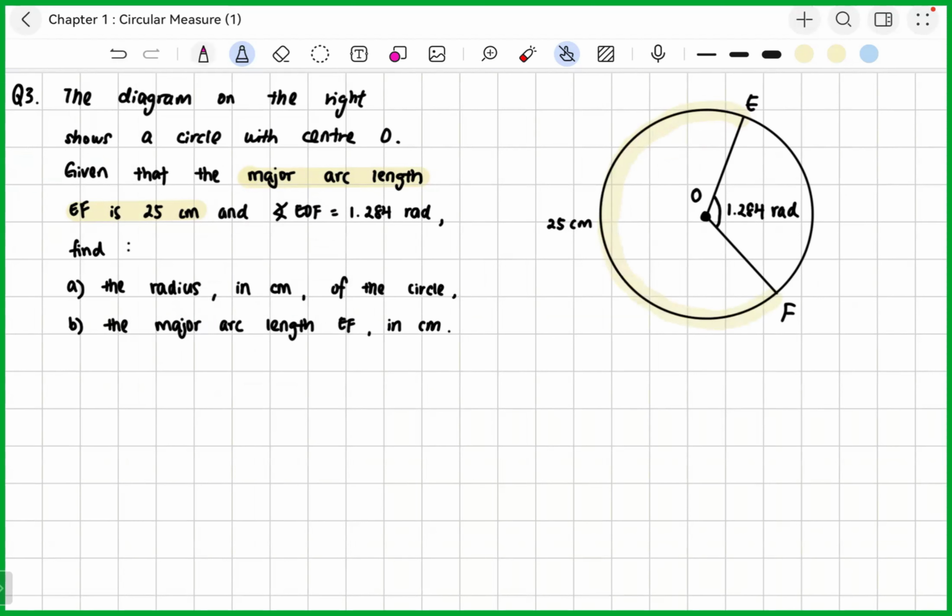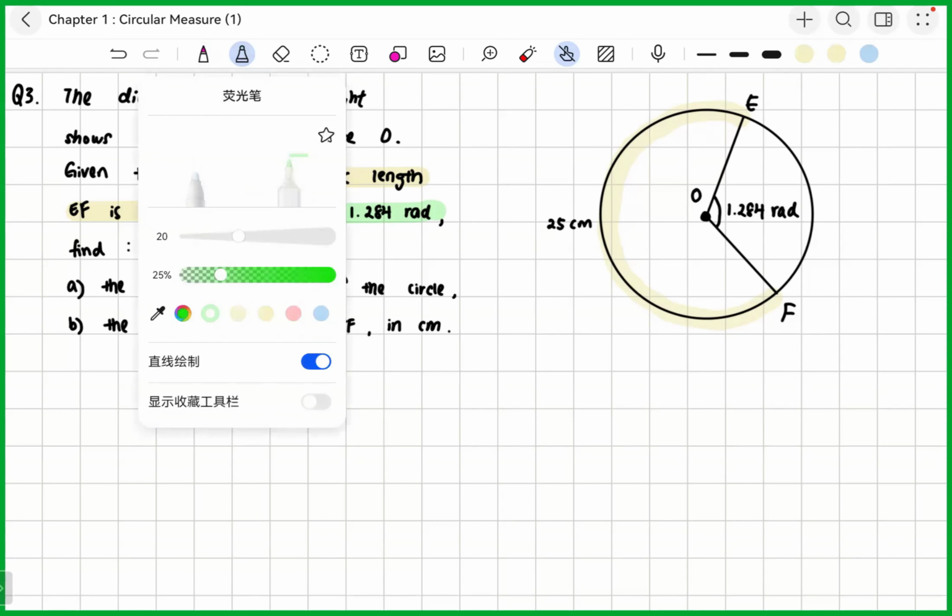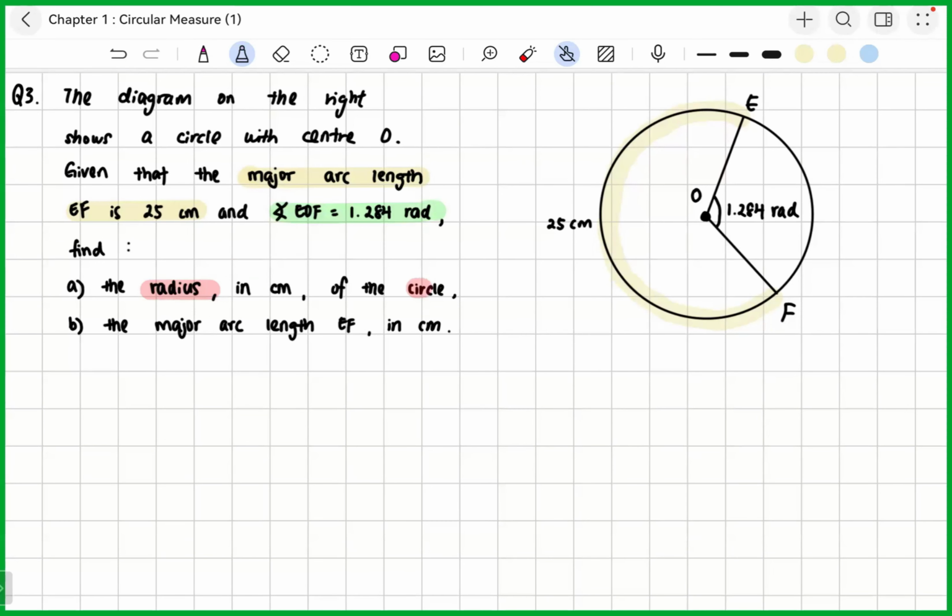So 25 cm, and also angle EOF equals 1.284 rad. Sorry, I have to use a different color, let's say green for the angle. Find the radius of the circle.